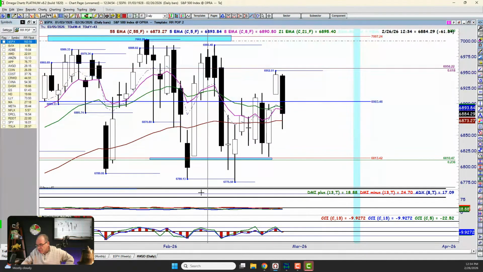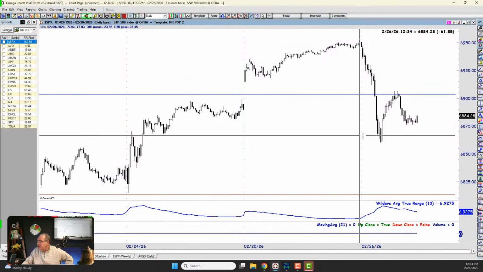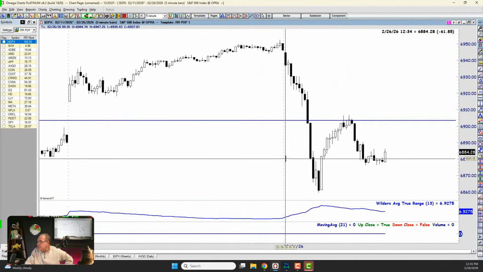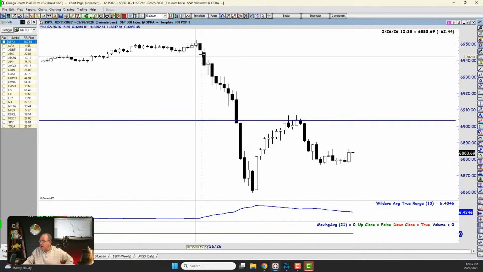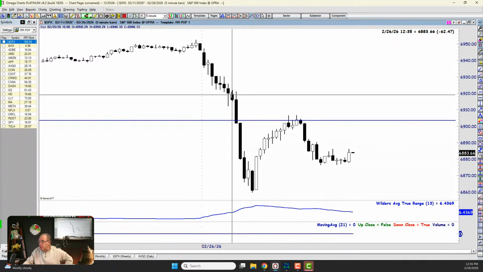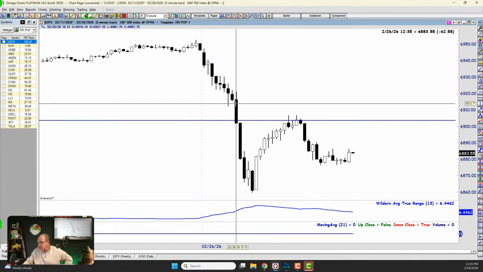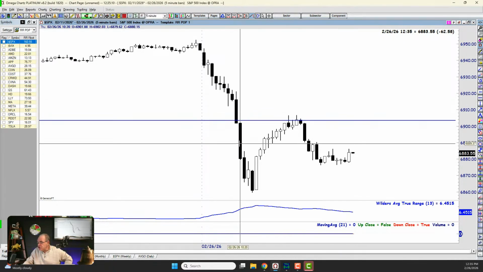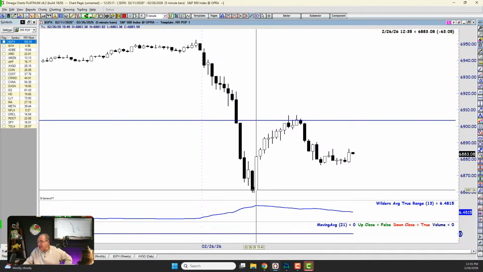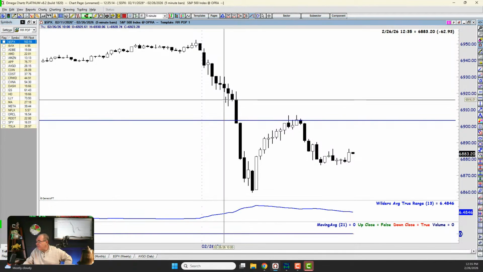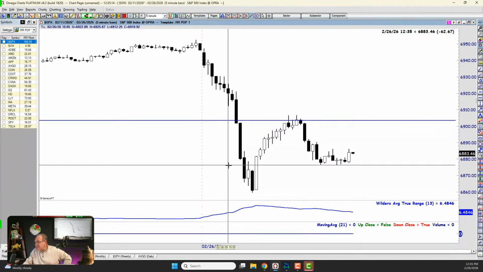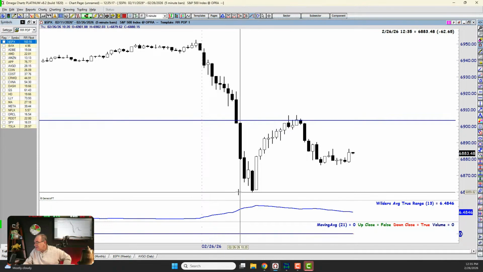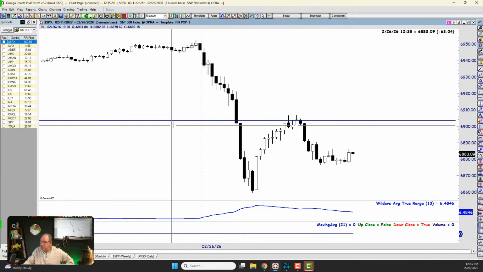If we look at a shorter term chart, a 5-minute, let's zoom in on it. We opened up and fast, boom, boom, boom, boom, boom. Once we got until 10:15, 5 candles later, we moved from 69.16 down to a low of 68.60.